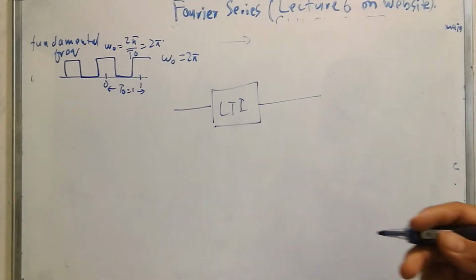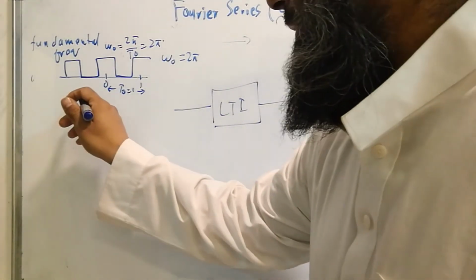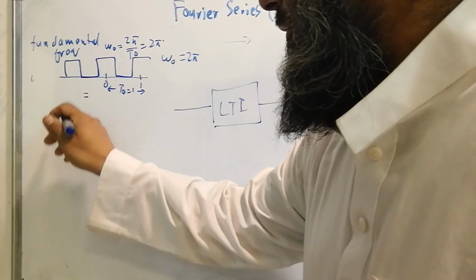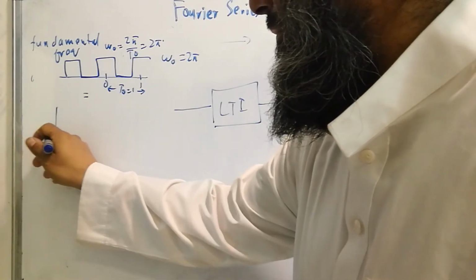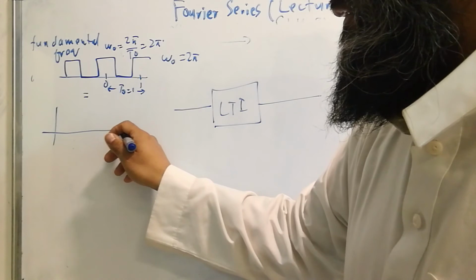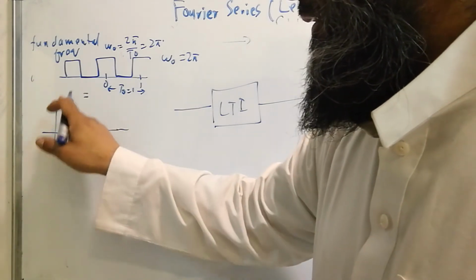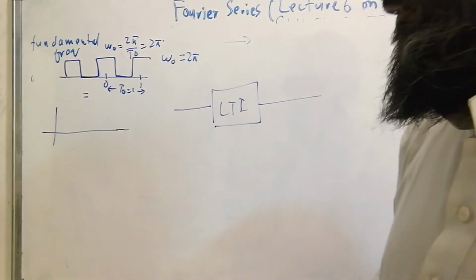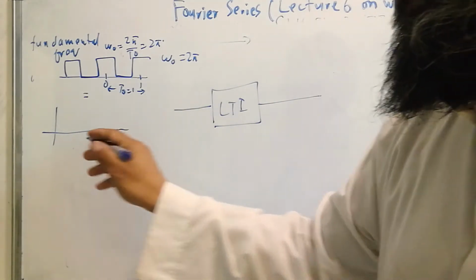The Fourier series allows us to split this into harmonics, which means that if we write the Fourier series, we will be able to split this into a sum of these harmonics.